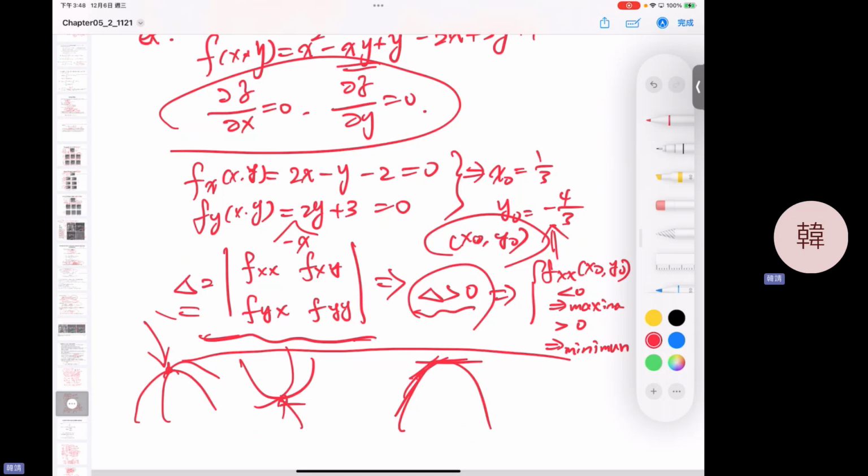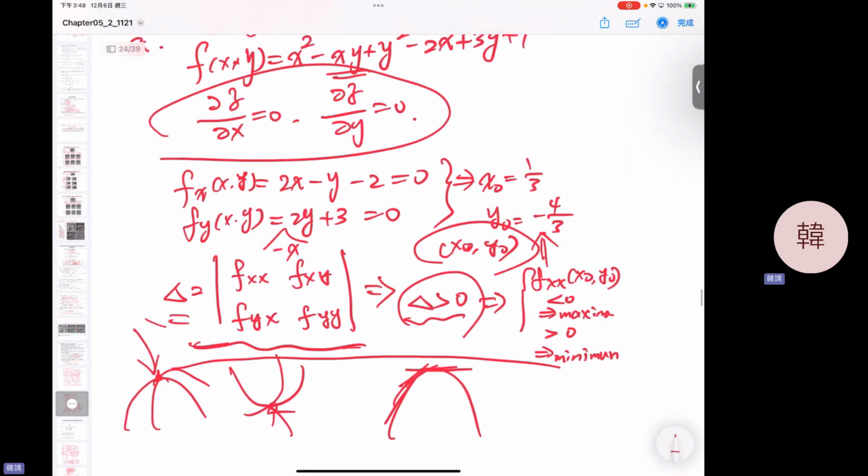When it becomes 0, it becomes the maximum point there. So the first derivative equal to 0 tells you it's an extreme value there, in both the x direction and y direction, a maximum or minimum extreme point. If you solve it, you can get this result.